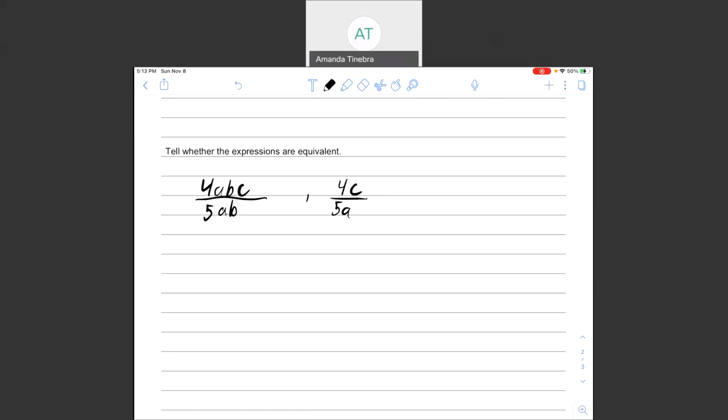To determine if these are equivalent, we're going to simplify them, which is just like what we were doing above. So if I want to simplify these, I'm going to start with 4ABC over 5AB. I see that I have an A and an A that can be canceled out. I also have a B and a B that can be canceled out.